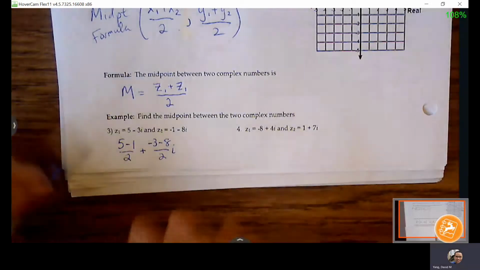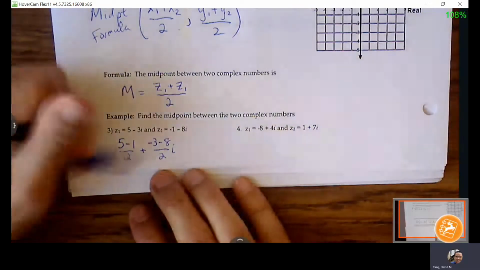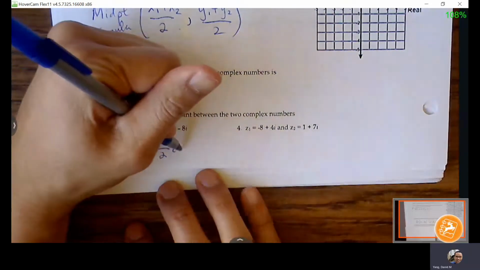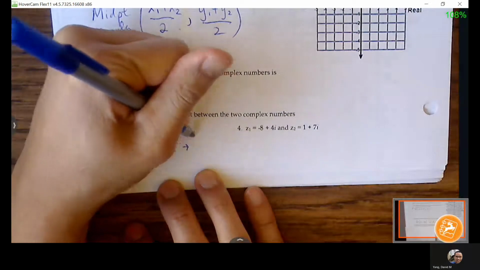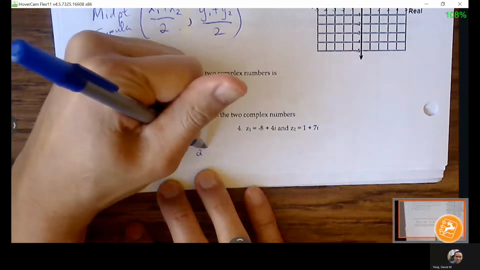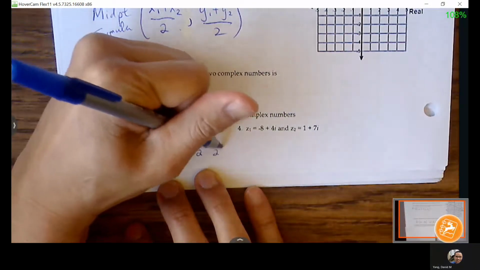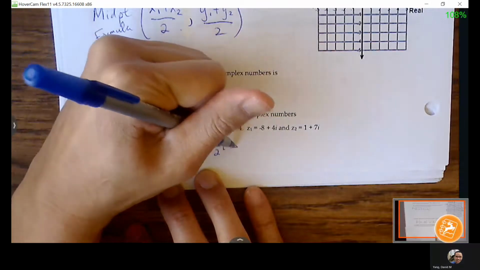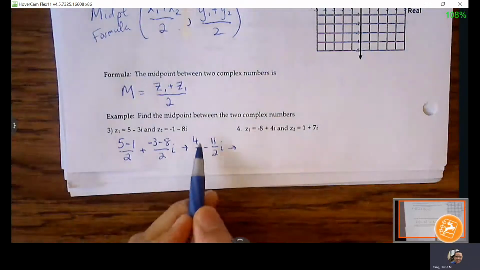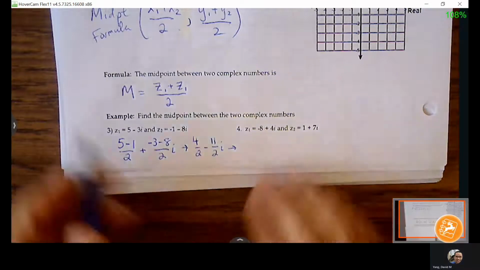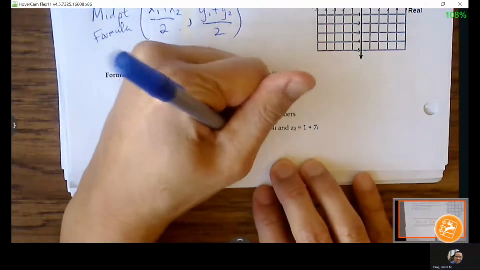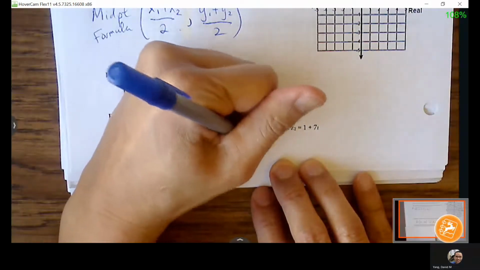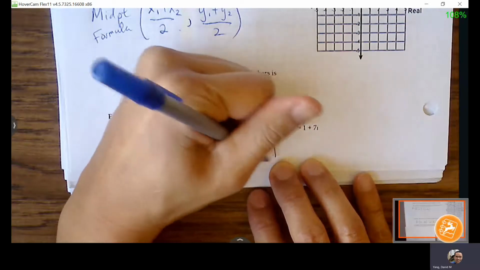So this is where we stop. We're not going to do anything with the distance formula. We're just adding and dividing by 2. We could clean this up a little bit here. 4 over 2 is the same thing as what? 2. And you stop here. You're not going to go any further than this.